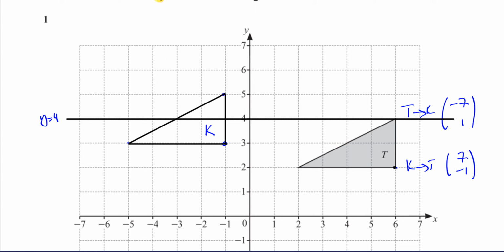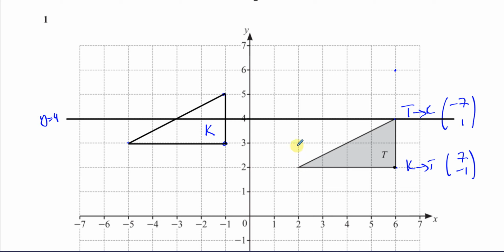So basically every point will be on the opposite side of the line, the same distance as it is on this side. So for example, this point will stay as is. It's on the mirror line. This point will be 2 squares above the line because it's reflected always at 90 degrees. So it's always perpendicular to the line.